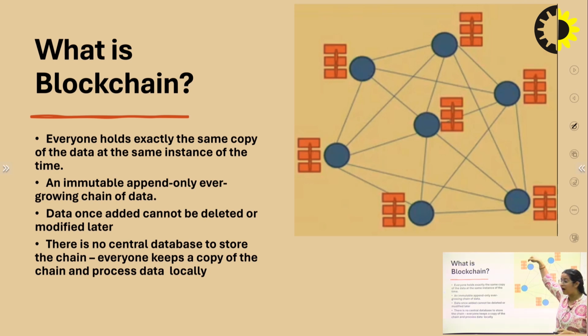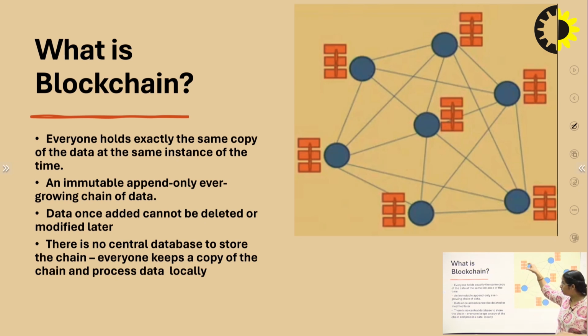Once anything is added to this repository, for example a transaction, the same transaction is reflected in every other node's repository, because I have already told you that everyone holds the exact same copy of the data.